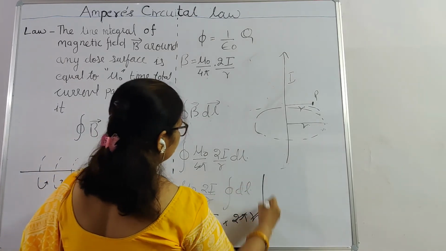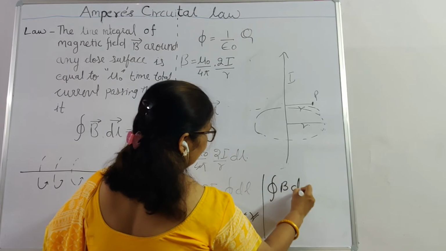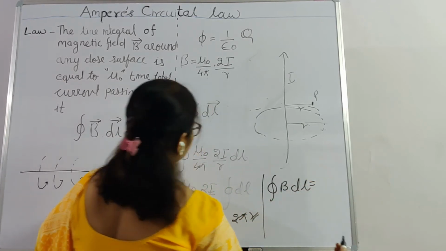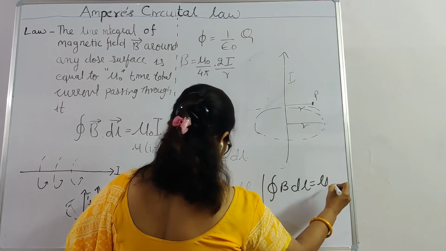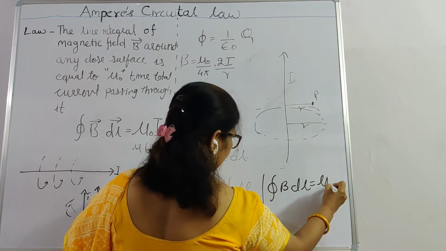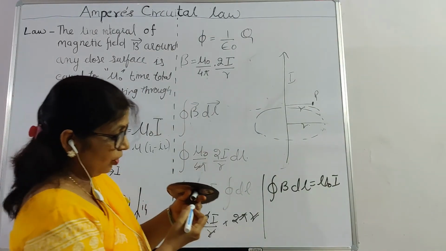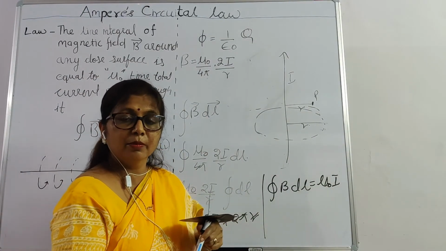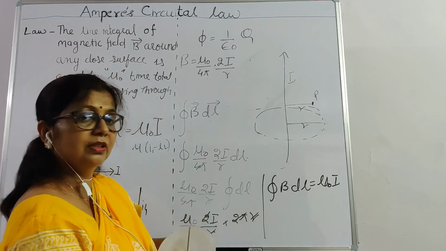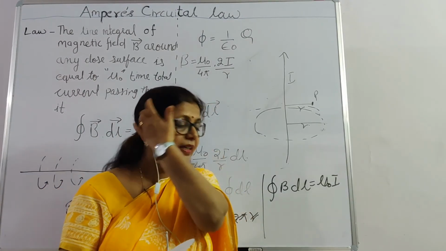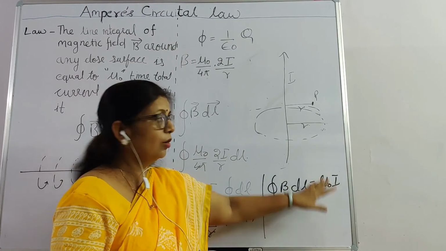So your answer is the line integral of B dl equals mu naught into I. Now what is mu naught? That is the permeability of the medium. So according to this law, the magnetic field is directly proportional to the permeability of the medium.